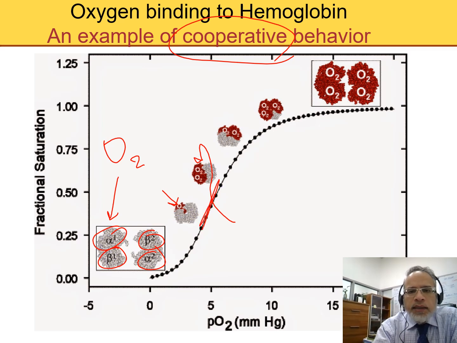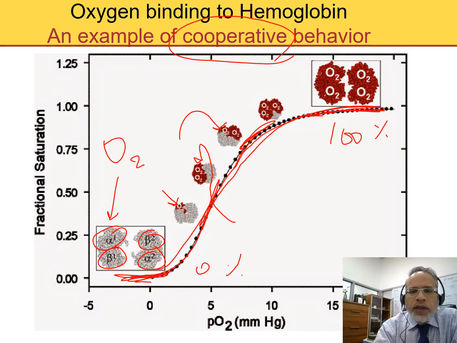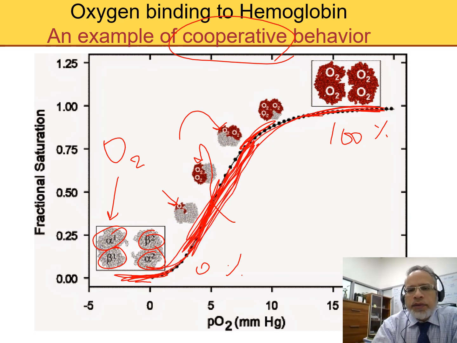And then this causes the third to start changing its conformation, which will bind to the third one, as shown here, and eventually all of them get saturated. So you have totally unsaturated here, 0% oxygen, and here you have 100% oxygen, and that shows you the sigmoidal behavior, where cooperativity is shown very nicely.